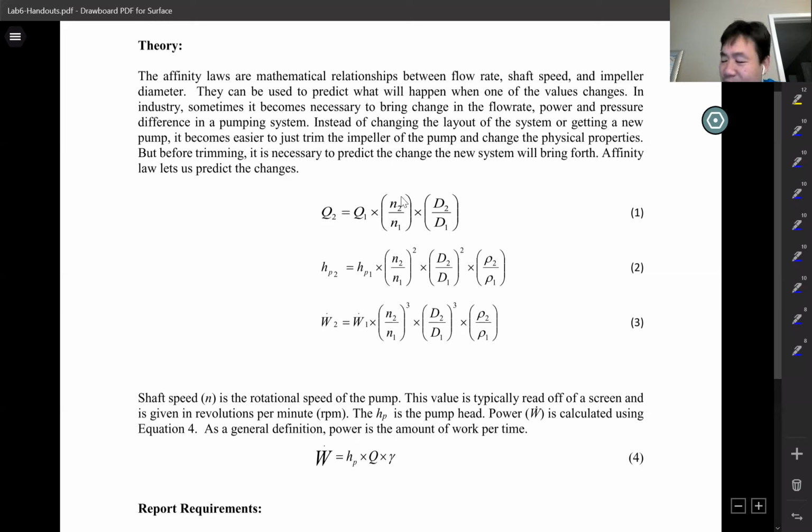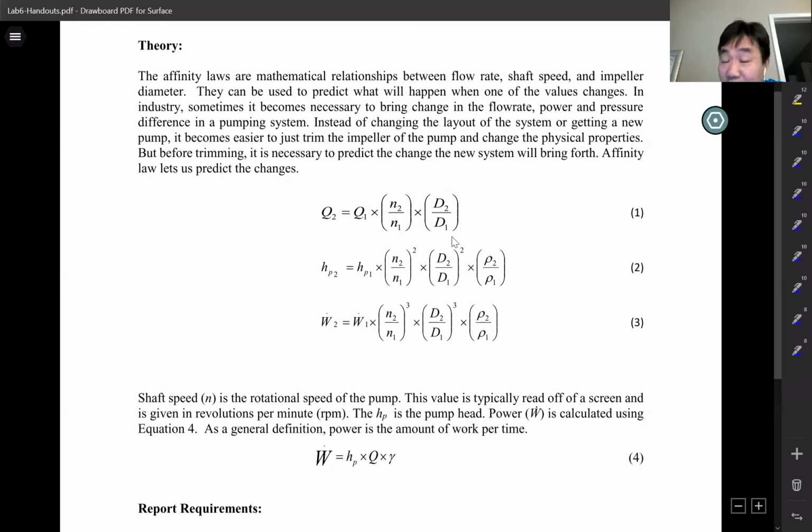So if you set 2 RPM levels, for example, one is 2000 RPM, one is 1500 RPM, you should predict your flow rate ratio, Q2 over Q1, equals 2000 over 1500. I made up the numbers, and the actual measurement numbers are different, but you should be able to predict.